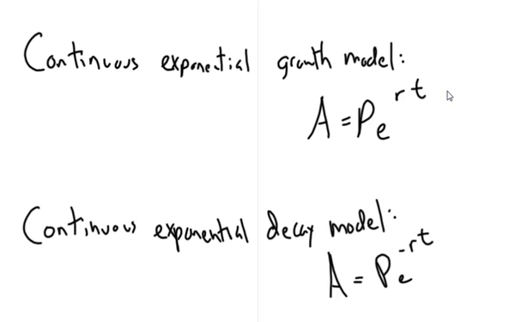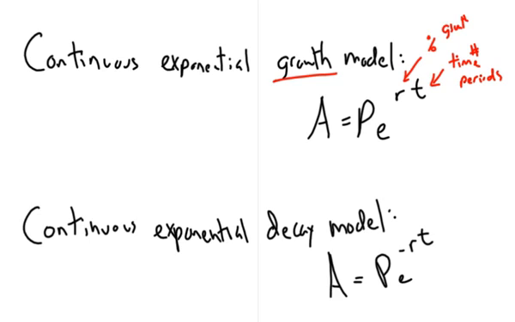The other type of thing we'll see in the next video are some problems where they'll use the phrase continuous exponential growth model. And all that means, as we've seen in previous videos, is that something is being compounded continuously, which corresponds to the formula A equals P e to the rt, where r is a percentage and t is the time period.